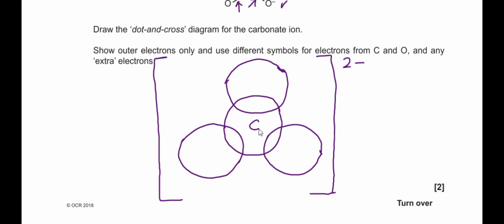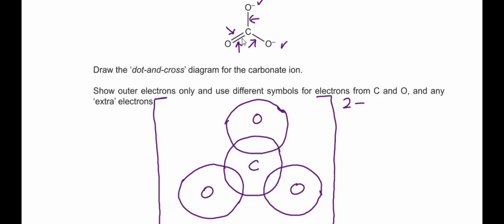So labeling this as carbon, oxygen, oxygen, oxygen. Going by this, there should be 2 bonding pairs here on the oxygen atom. Let's use the dot from the oxygen and a cross from the carbon, one more dot from the oxygen and one more cross from the carbon.